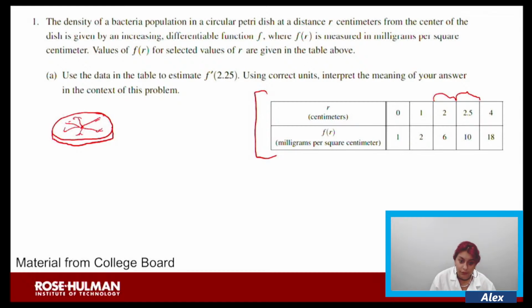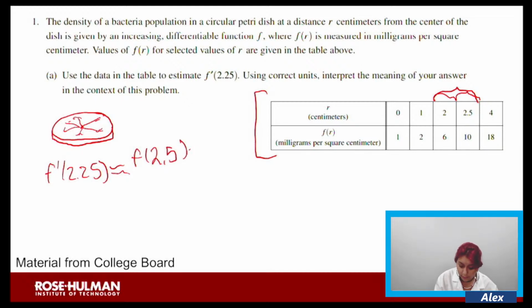Okay, so for this one, we want to use the different values of our table to estimate what f' will be between these 2 points. In order to do that, we can estimate that f'(2.25) will be approximately (f(2.5) minus f(2)) over (2.5 minus 2).